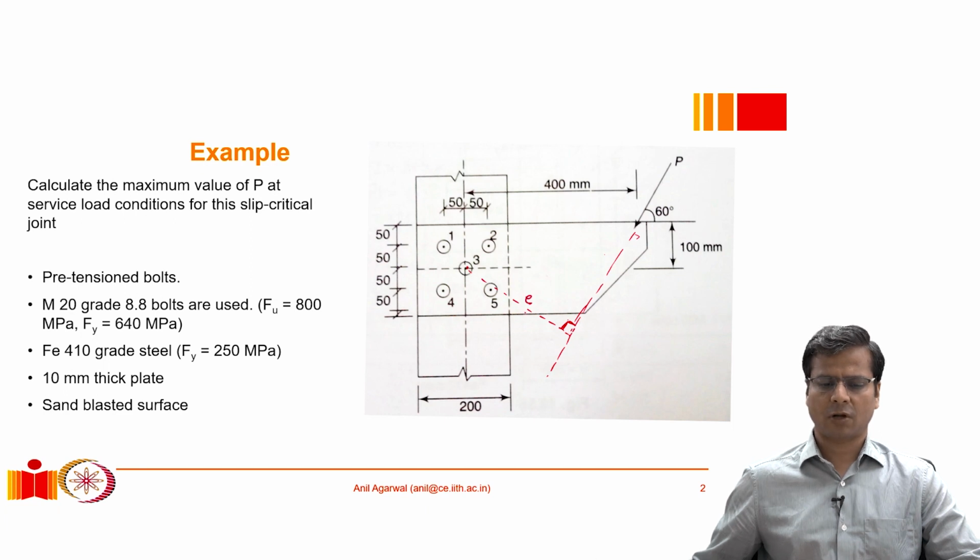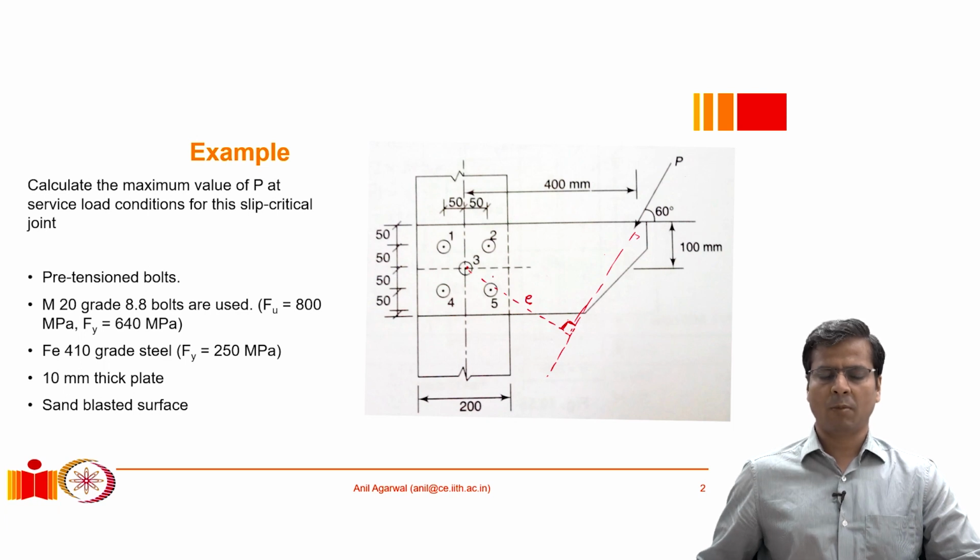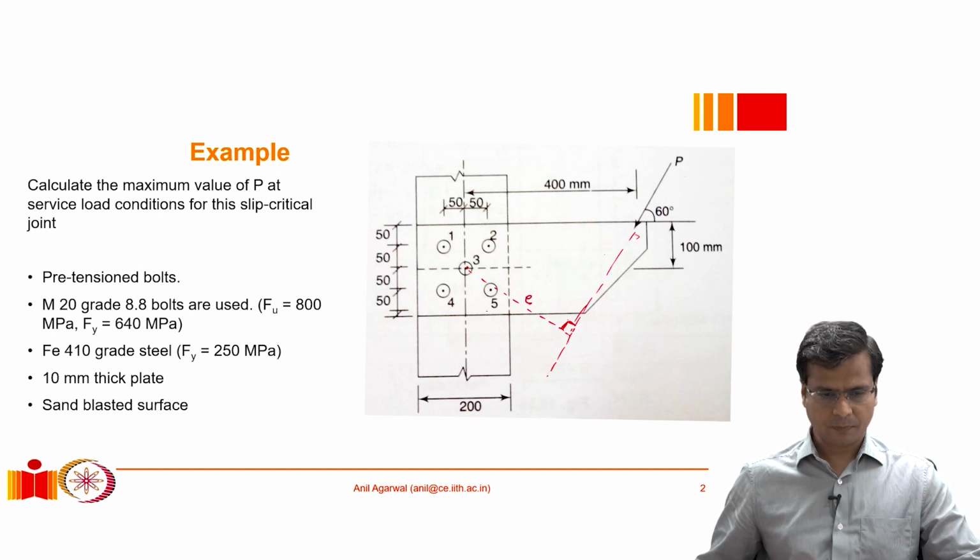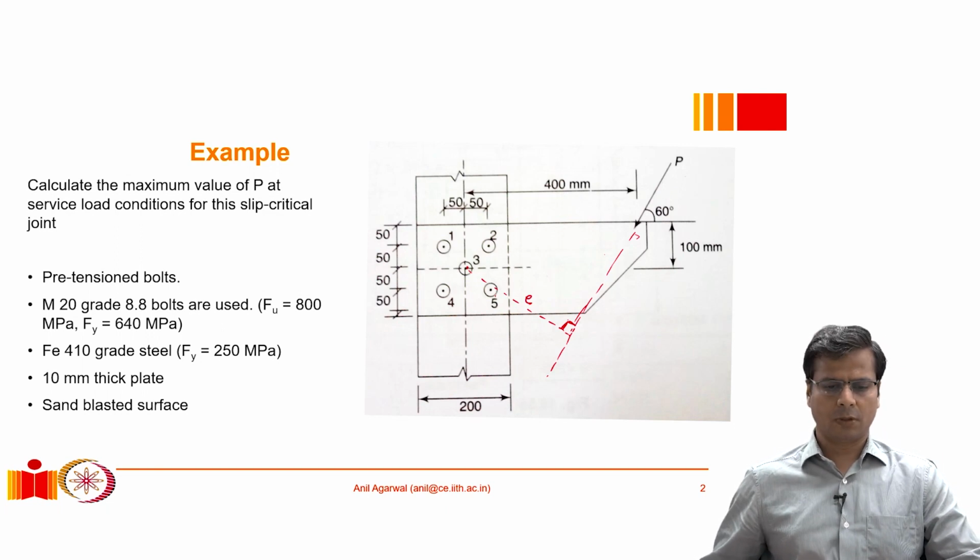And we need to find out how much that eccentricity is. And that eccentricity multiplied by the force value will be the moment that also has to be resisted by these bolts. So these bolts will not be resisting only the force that is applied directly, which is P divided by 5, but also they will be resisting the moment component of it. Correct? So that is the design philosophy that we will follow. We will go into the detailed example in a minute.